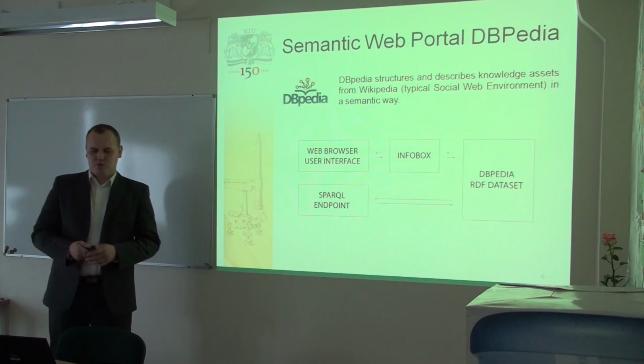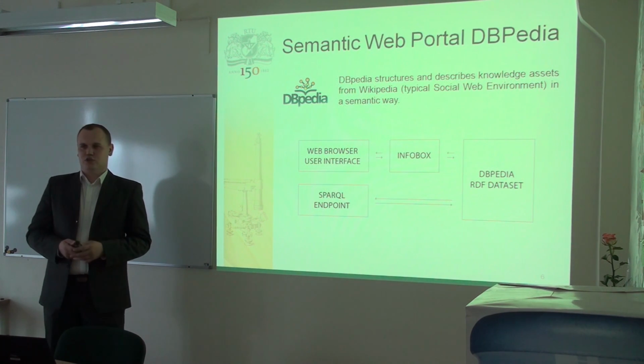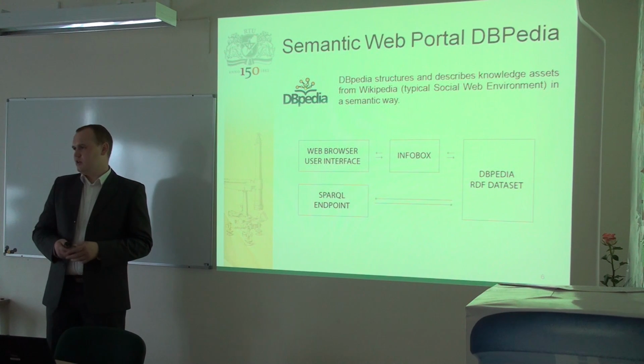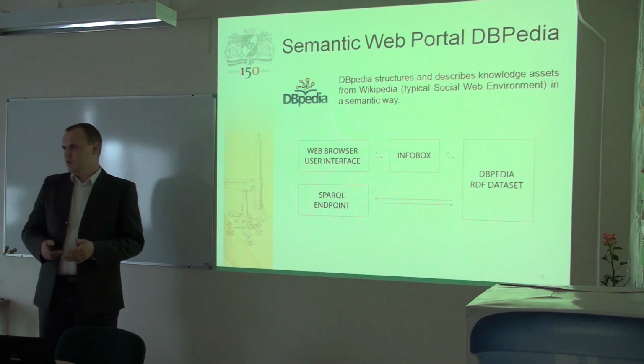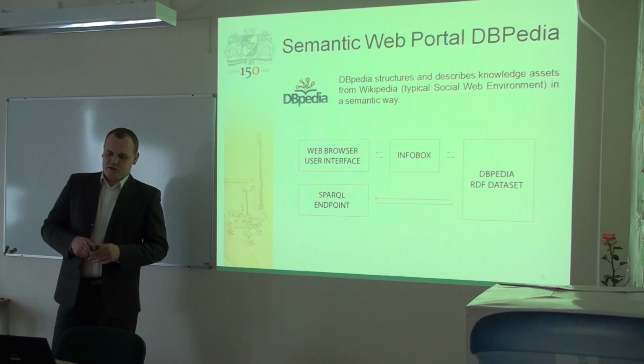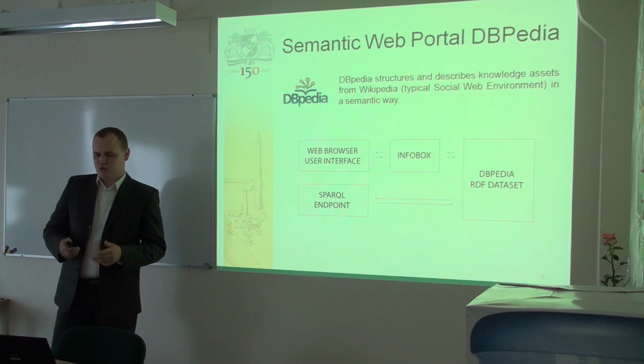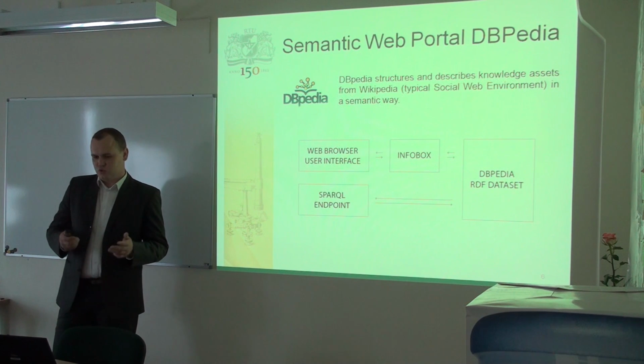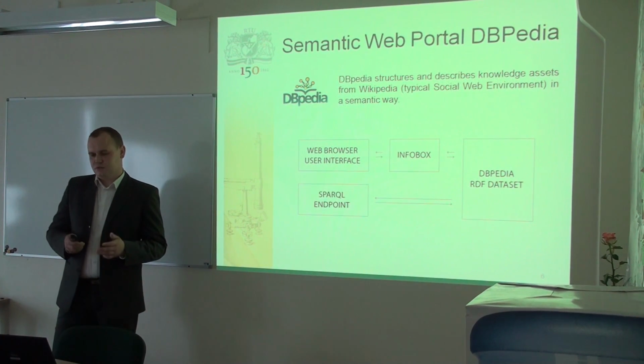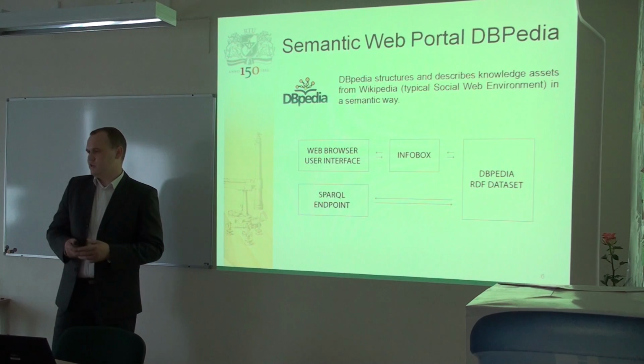And the second approach is by using the infobox, which is a method for displaying the content of DBpedia to the end user. The infoboxes can be accessed through a publicly free available user interface through the web browser, and these do not require any specific IT skills.